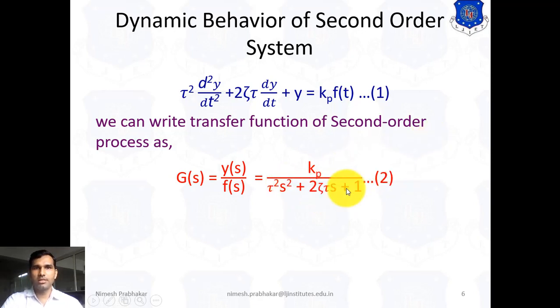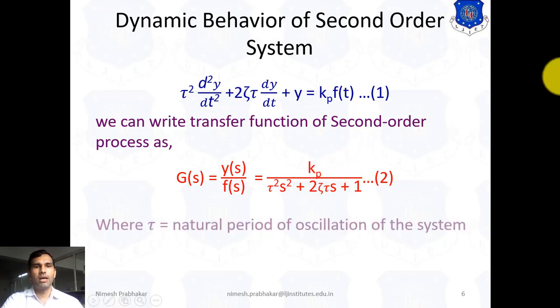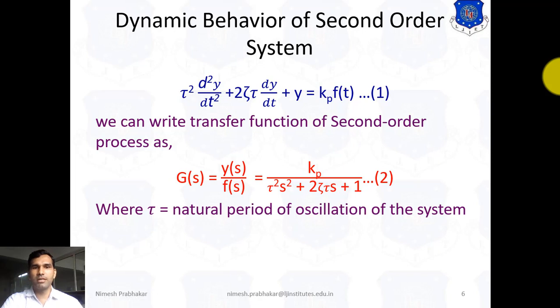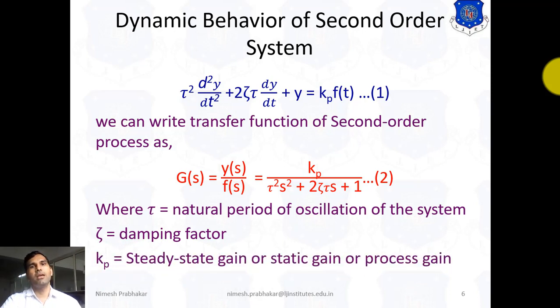We know this is the Laplace transform of the second order system. Here tau represents the natural period of oscillation of the system, zeta represents the damping factor, and Kp represents the steady state gain of the system.